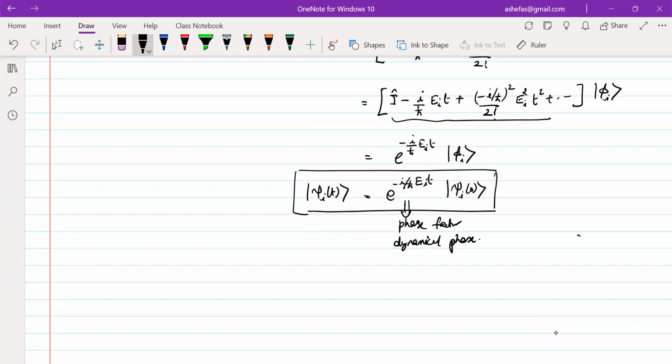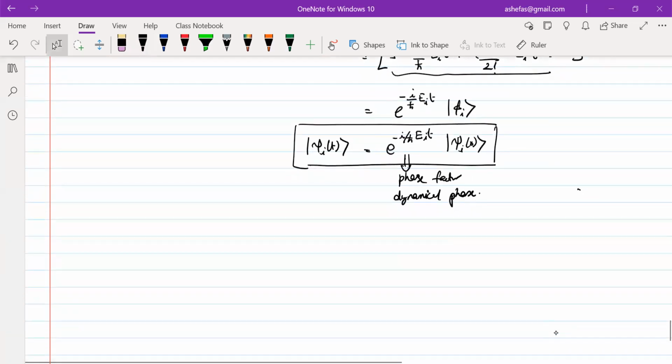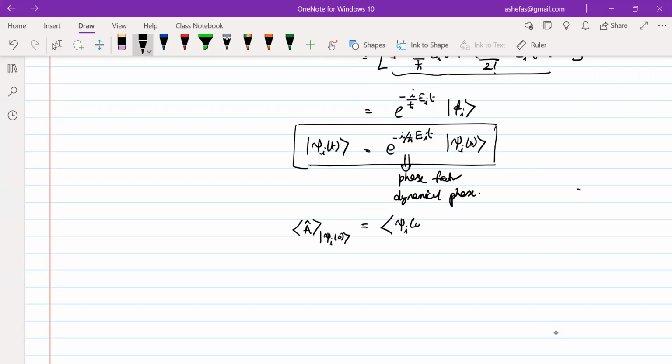We can show that there is no relevance of this phase factor once you are finding the expectation value of the operator. So we can find the expectation value of the operator at time 0 with the state psi i of 0. This can be written as psi i of 0, the operator A, psi i of 0.